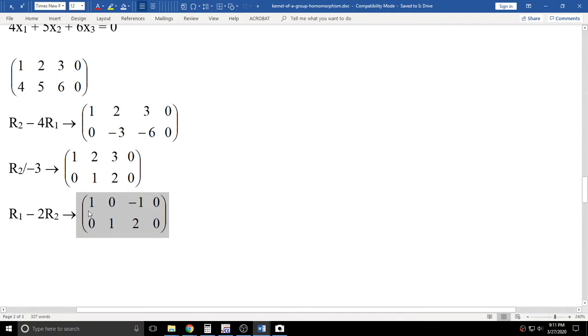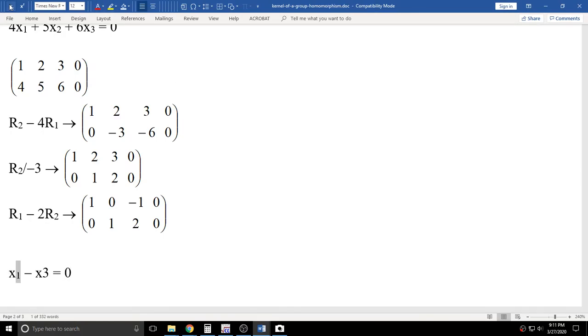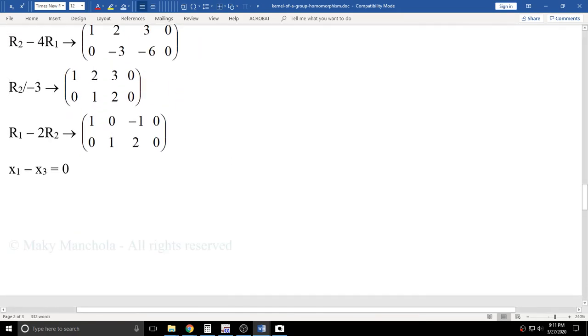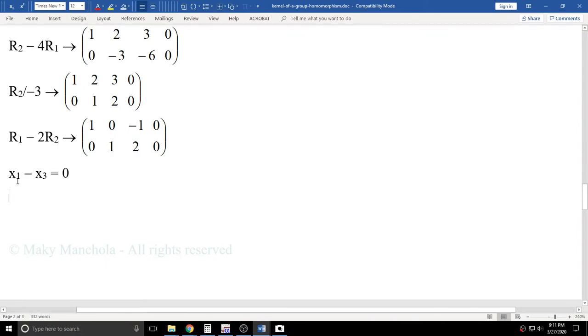Now I write the system that this augmented matrix represents. x1 minus x3 equals 0, and x2 plus 2x3 equals 0.